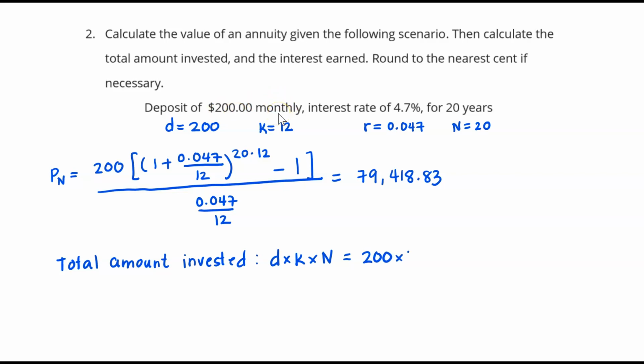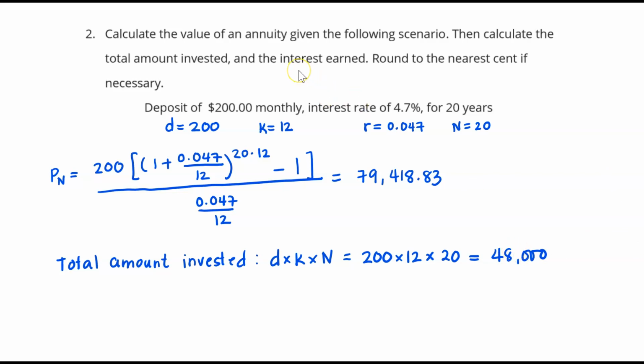So K is equal to 12 times the number of years. So that is for 20 years. So times 20. Multiplying everything together, we have 48,000. So 48,000 is the total amount invested. This is the total amount invested in the annuity.